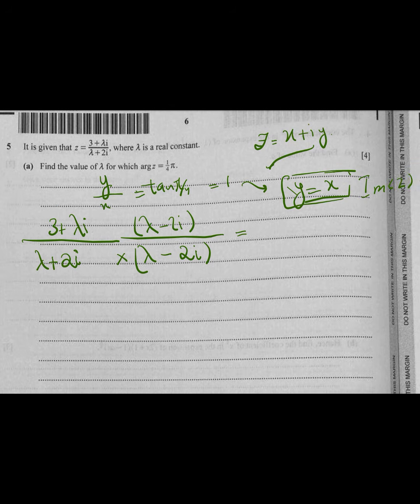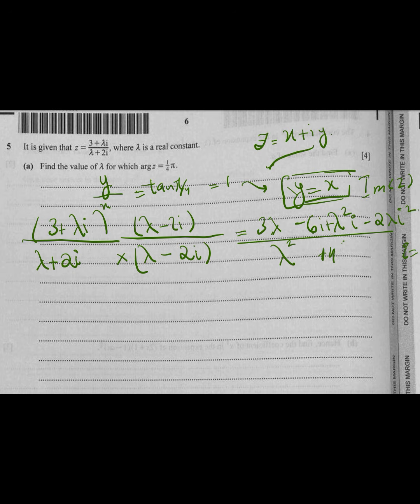So in the denominator it will become lambda square minus 2i whole square, and 2i whole square would be minus 4i square, so plus 4, because i square is equal to minus 1. Then we'll have in the numerator this whole stuff. So we can write 3 lambda, minus 6i, plus lambda square i, and plus lambda i into minus 2i, so minus 2 lambda i square.